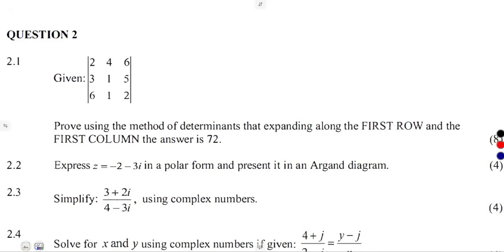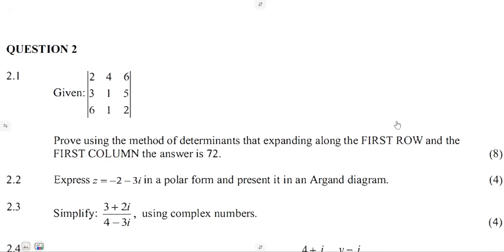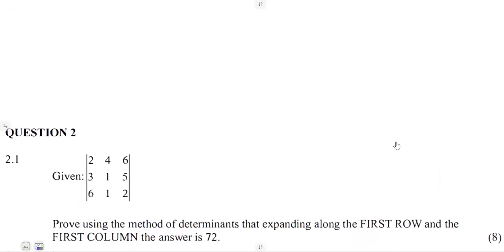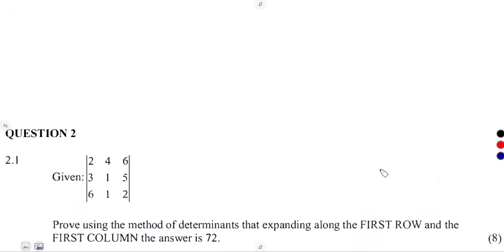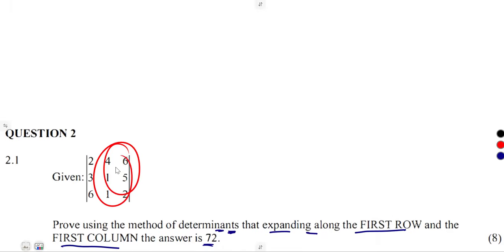On question number 2, we are given 2.1. We must prove, using the method of determinants, that expanding along the first row and the first column, the answer is 72 for the determinant of this.